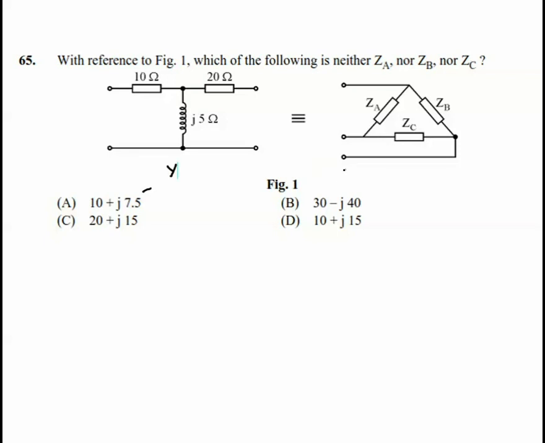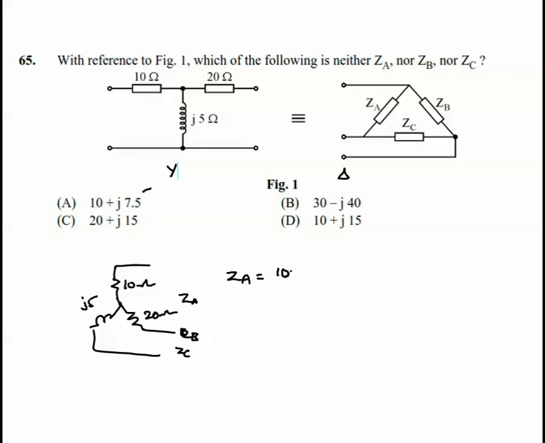I will take this as a 10 ohm resistor, this as j5, and this as a 20 ohm resistor. ZA, ZB and ZC should be found here. So what is the value of ZA? ZA is equal to 10, since I'm going to convert into delta here.